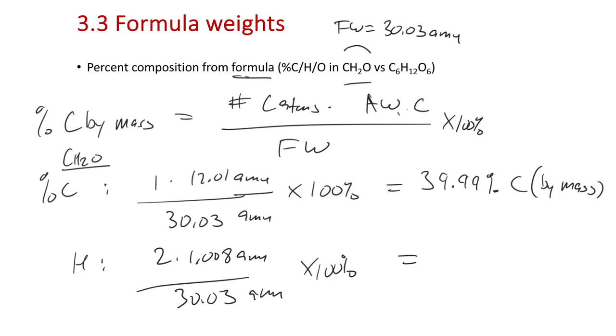So I get 6.71%, 6.713% hydrogen by mass.